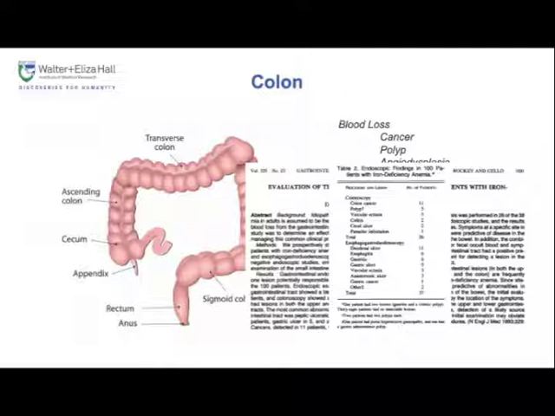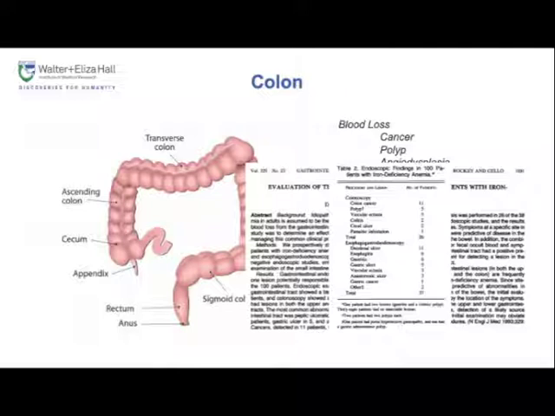So the two important diseases here are colonic cancer, and polyps, which are precursors to cancers, neoplasias that haven't had all the genetic mutations occur to them yet to make them a cancer. And there are also angiodysplasias, which are just vascular malformations or leaky vessels in the colon that can also bleed.